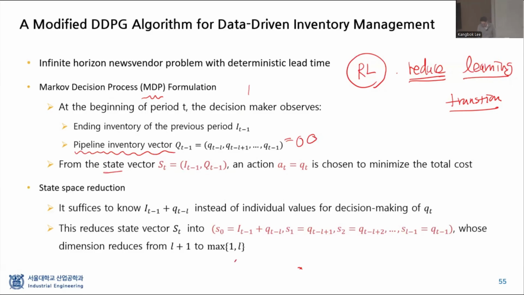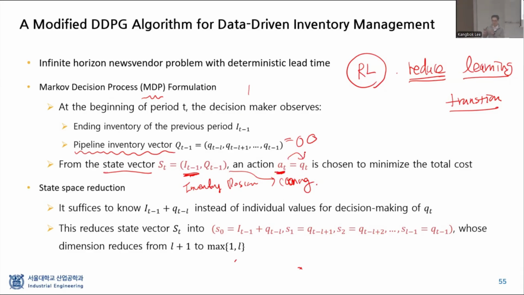And for the state vector, we have the initial inventory position plus something that is coming, so on-orders. And my action is the order quantity for this time period. This will also affect the order quantity that is coming in the next period.